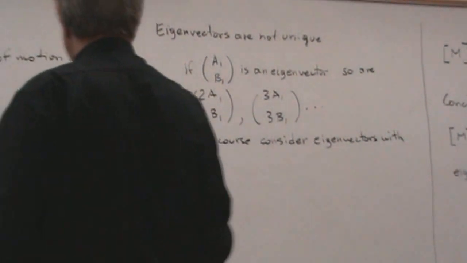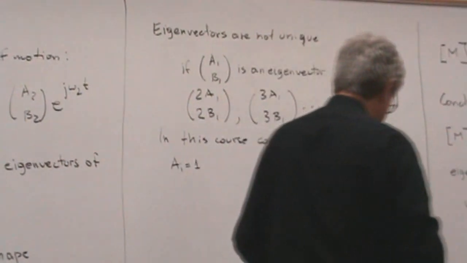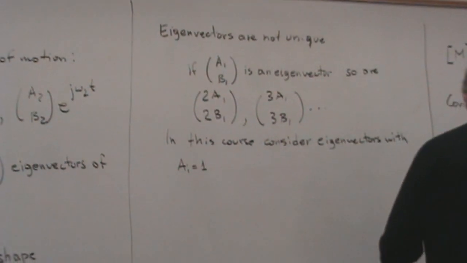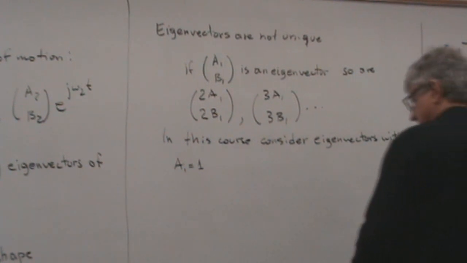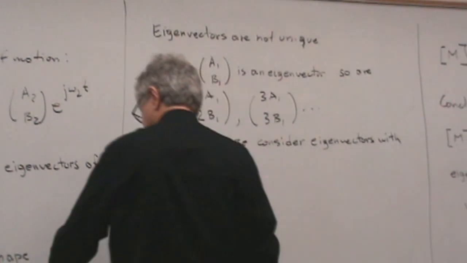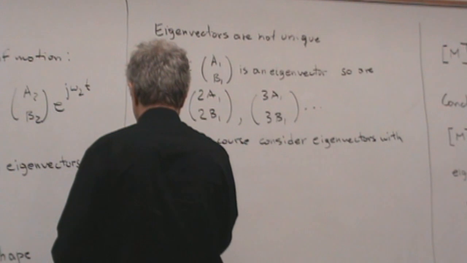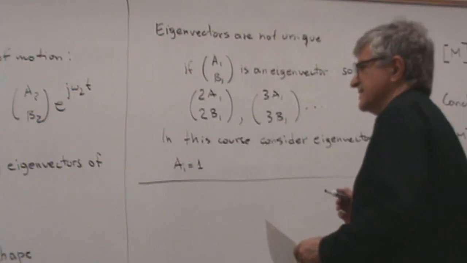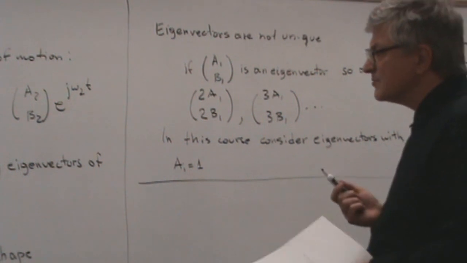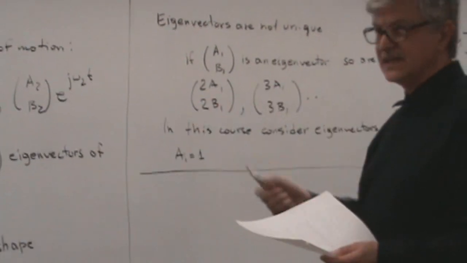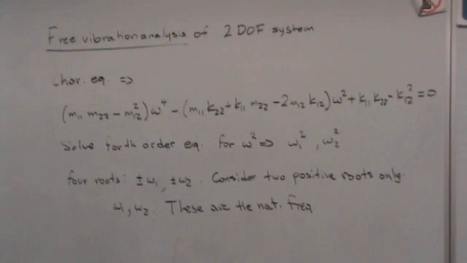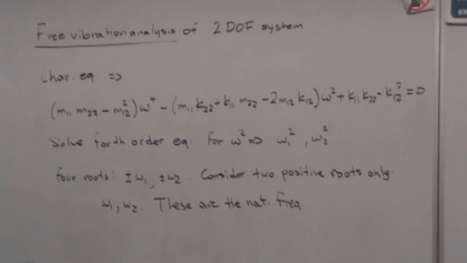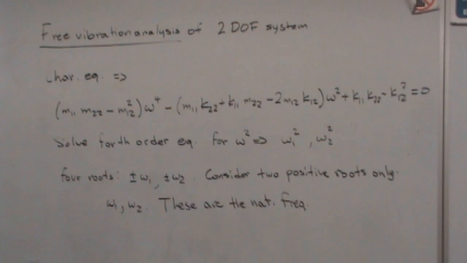How do we find the eigenvectors? Well, the first step is to find the natural frequencies. The first step is to solve this characteristic equation to find the natural frequencies.